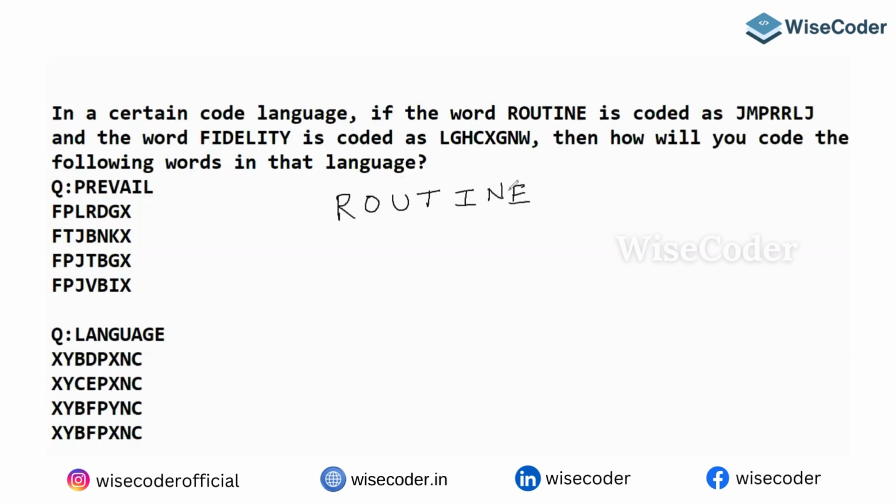Routine is coded as JMPRRLJ. If you write the second word also, whatever logic is here, the same logic will be present. So let me write the place positions.